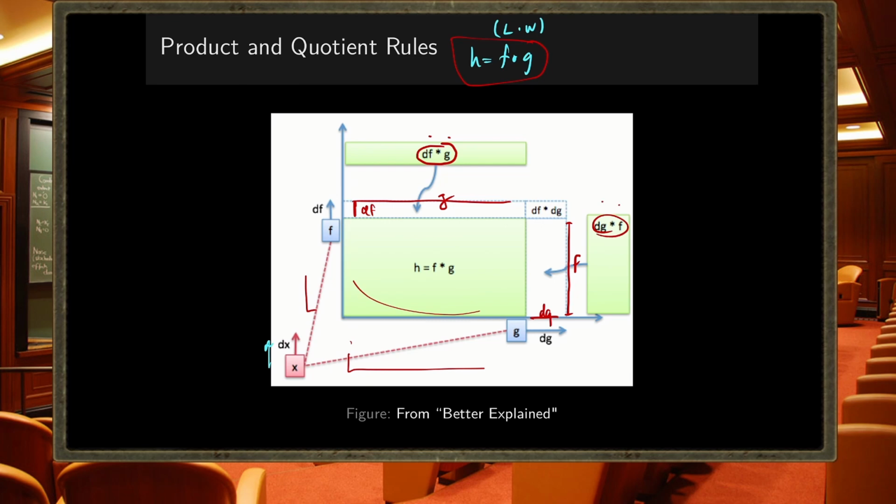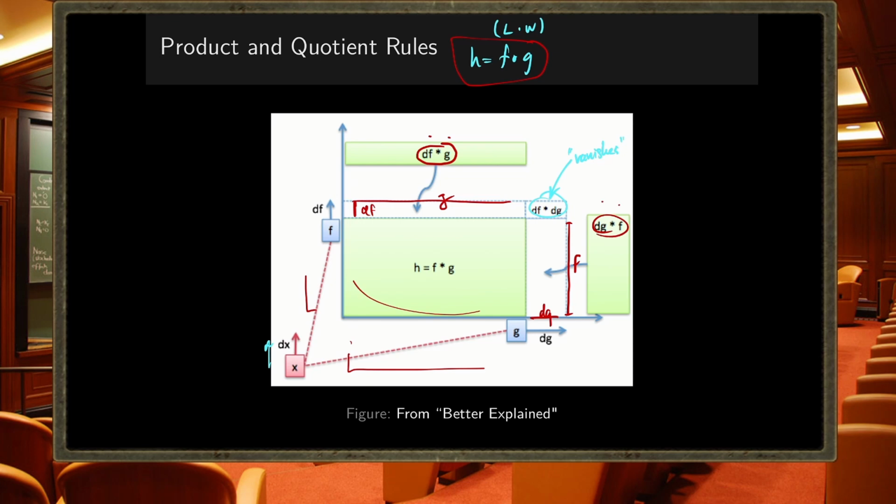Now you might be asking, hey, Mally, what about this little guy up here, this corner? This isn't a part of the rectangle, but it seems to have some area or something to do with this. Well, df times dg, what we say is that it vanishes. And the reason for that is, if you think about how small df really is, let's say it's 0.001, and dg is something similar, maybe 0.002.